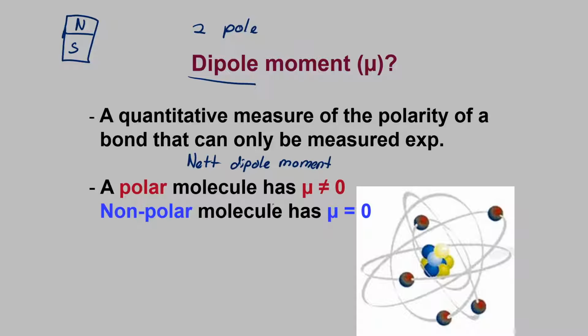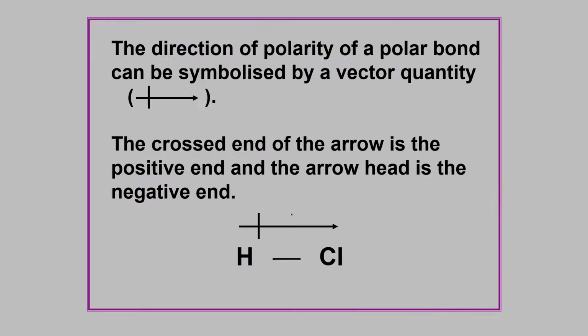So a polar molecule has dipole moment is not equal 0. Okay, non-polar, maksudnya dia tak ada polarity. Kalau ada another charge punya molekul, dia takkan affected, dia punya dipole moment is 0. Maksudnya kalau dipole moment tu more than 0, dia adalah polar.